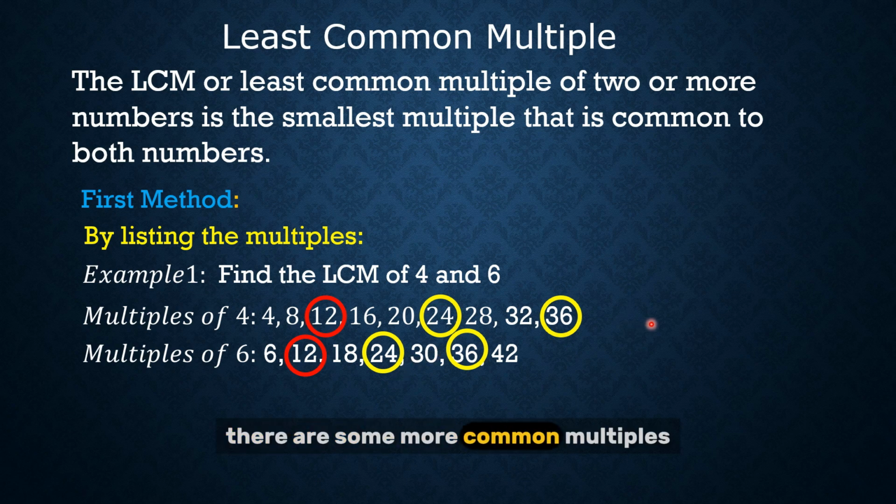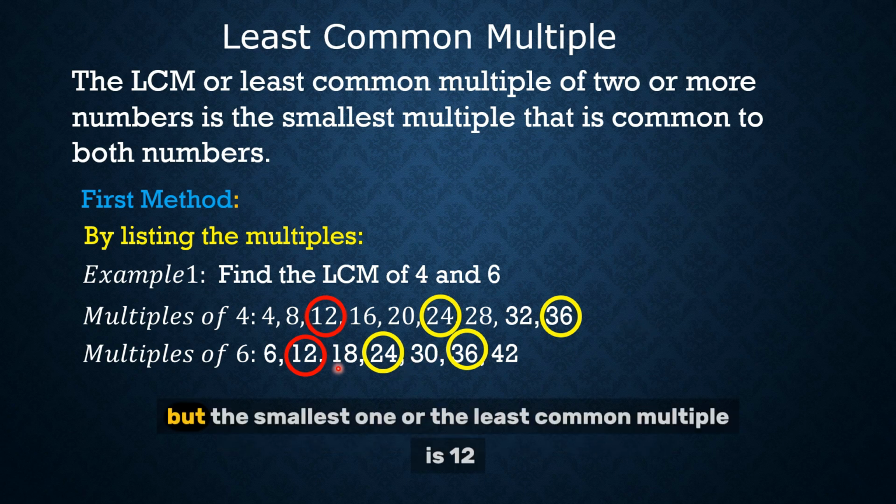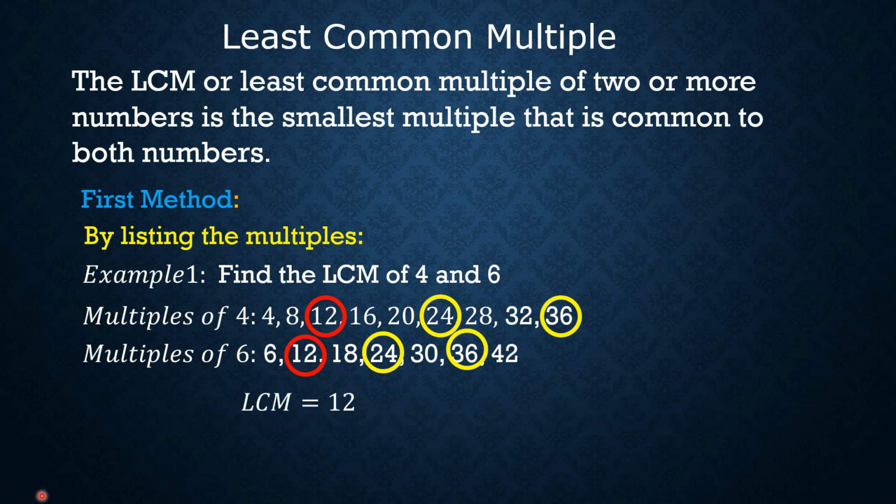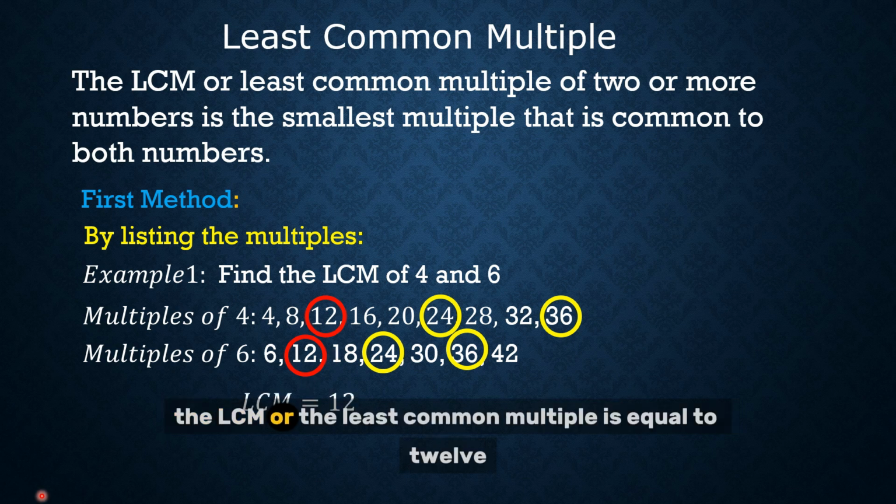There are some more common multiples, but the smallest one, or the least common multiple, is 12. So the LCM is equal to 12.